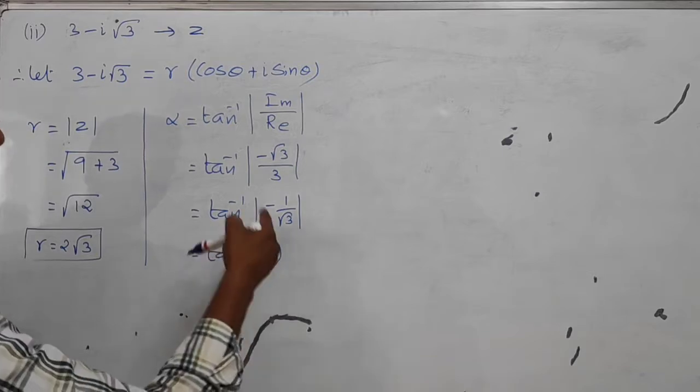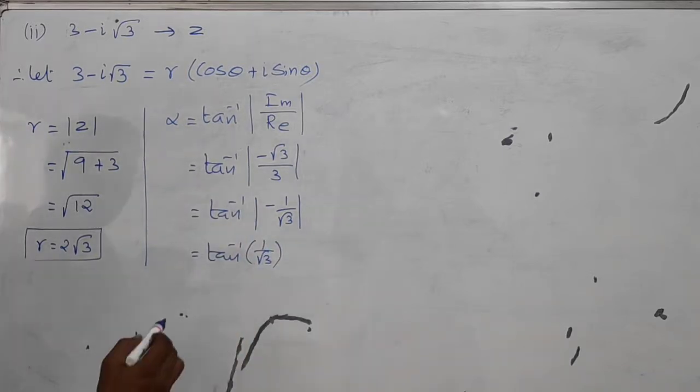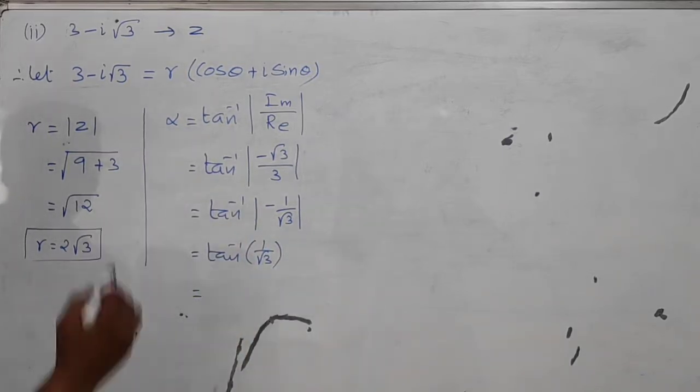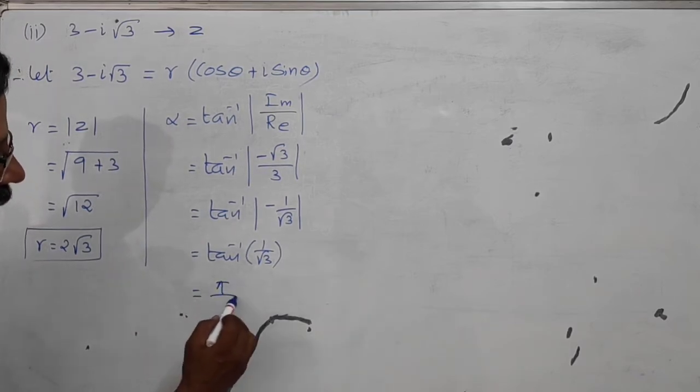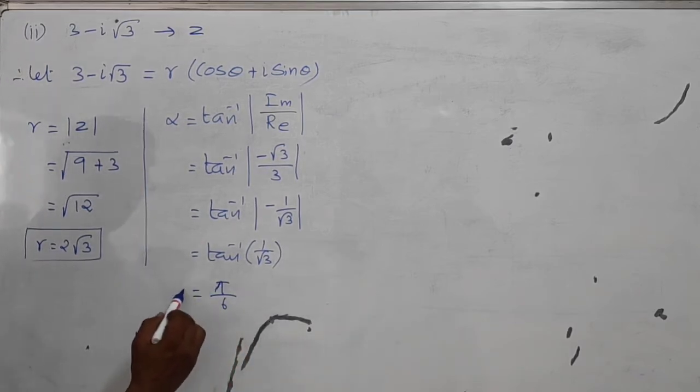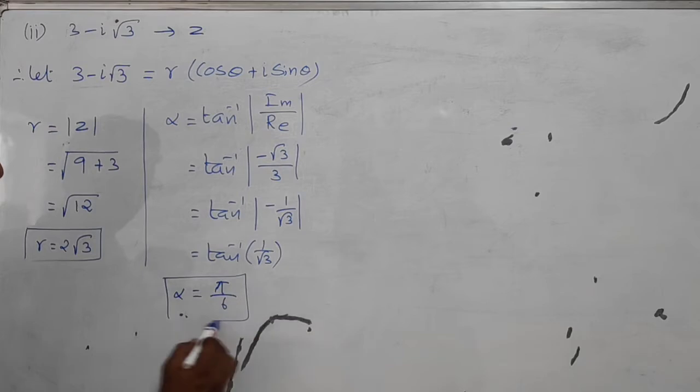If you take the modulus, you get a positive value. If it is 1 by root 3, then alpha equals pi by 6, that is 30 degrees, or pi by 6 radians. Alpha is equal to pi by 6.